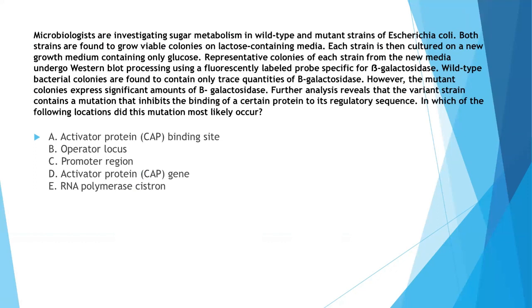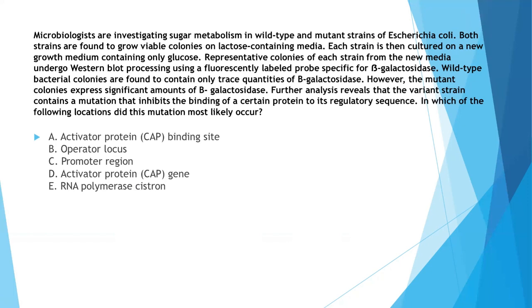Wild-type bacterial colonies are found to contain only trace quantities of beta-galactosidase. However, the mutant colonies express significant amounts of beta-galactosidase. Further analysis reveals that the variant strain contains a mutation that inhibits the binding of a certain protein to its regulatory sequence. Now, in which of the following locations did this mutation most likely occur?